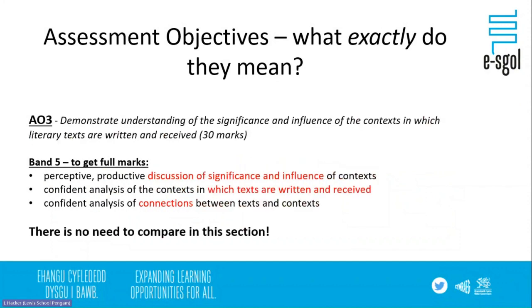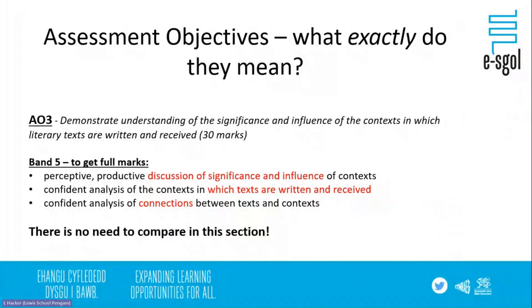Now on to AO3. So something that's not assessed in the first question, but is heavily assessed in this particular question. AO3 is your ability to demonstrate understanding of the significance and influence of the contexts in which literary texts are written and received.